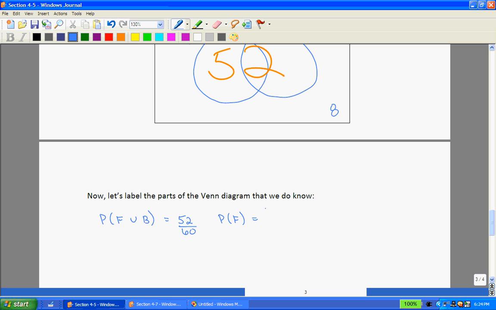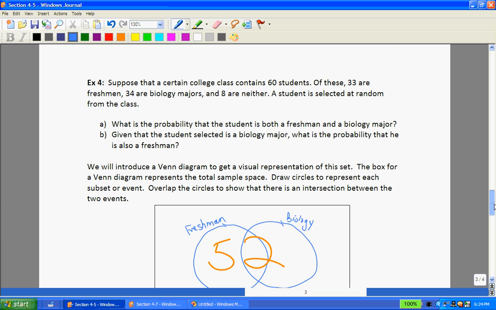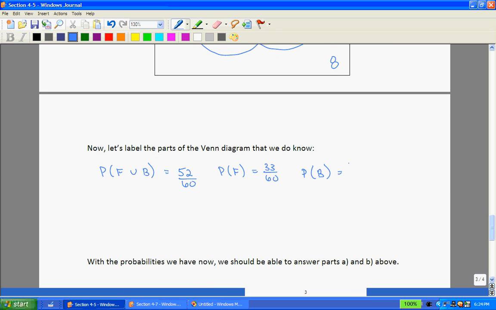The probability of being a freshman is 33 out of 60. The probability of being a biology major, we were told, was 34 out of 60.